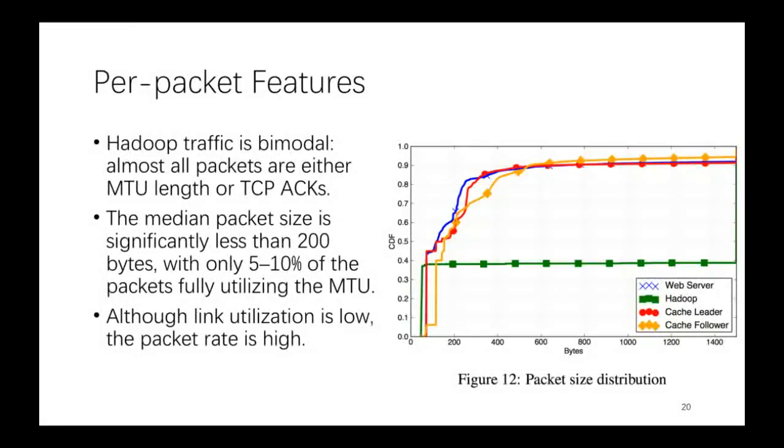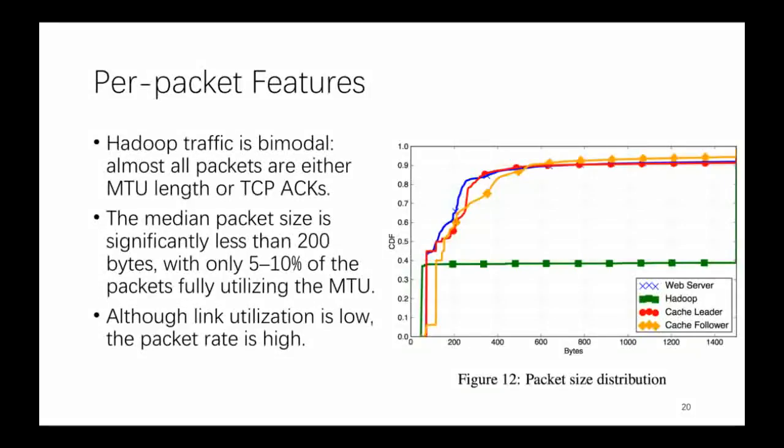So while we see that the link utilization is low, the packet rate is still high. A cache server at 10% link utilization generates 85% of the packet rate, and this means that any per packet operation may still be stressed.